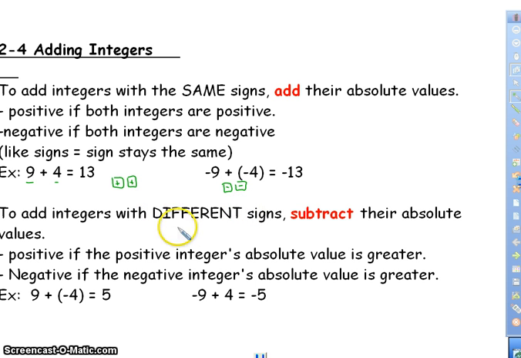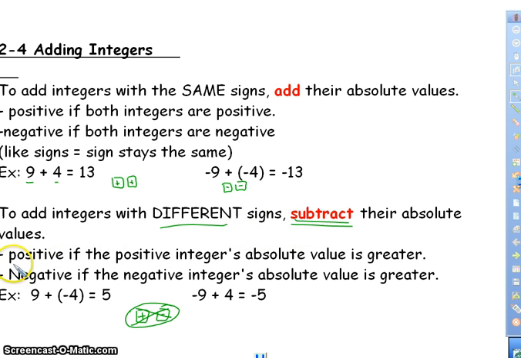So you're basically just counting up all the negative chips, which ends up being more like addition. Now when I add integers with different signs, you're going to subtract their absolute values. Okay, so when they have different signs, it's like subtraction because of the cancellation between those positive numbers and the negative numbers. Remember when you dragged them across each other, they would just cancel out. Okay, so to add integers with different signs, you're going to subtract their absolute values.